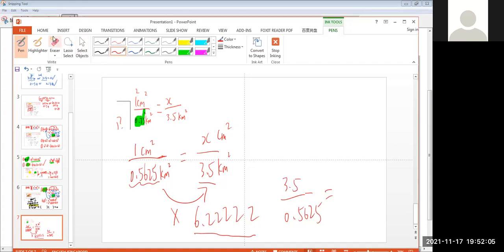I want to get the most accurate answer. 6.2 is not the most accurate. Give me a mixed number or give me a fraction. 56 over 9. Okay, good, thanks. So 56 over 9.